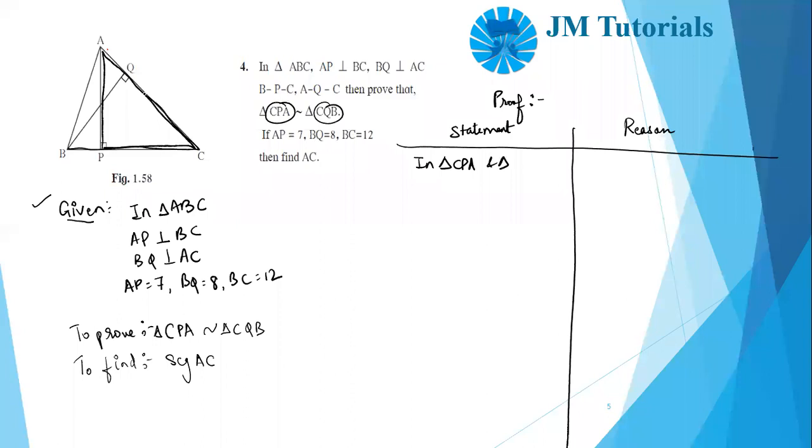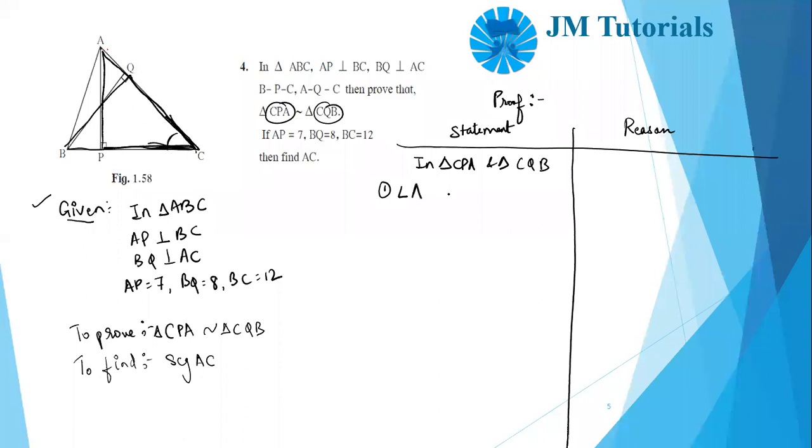As we can see, this angle over here is the common angle. You need to trace it with a pencil. Whenever you draw, trace it with a pencil, so you'll easily understand this is a common angle. Common angle means something which is there in both. So CPA and CQB. First step, angle. What is the name of this angle? In the bigger triangle CPA, the name of the angle is ACP.